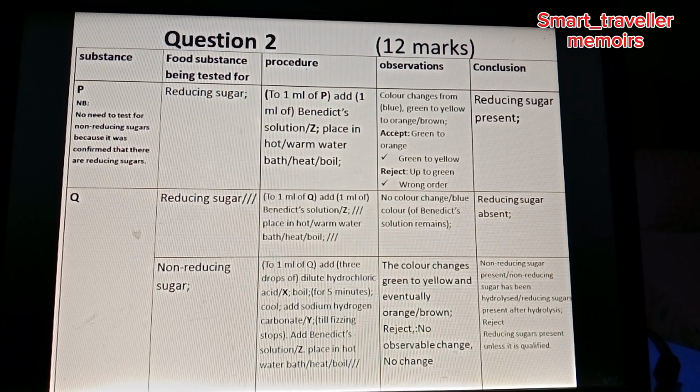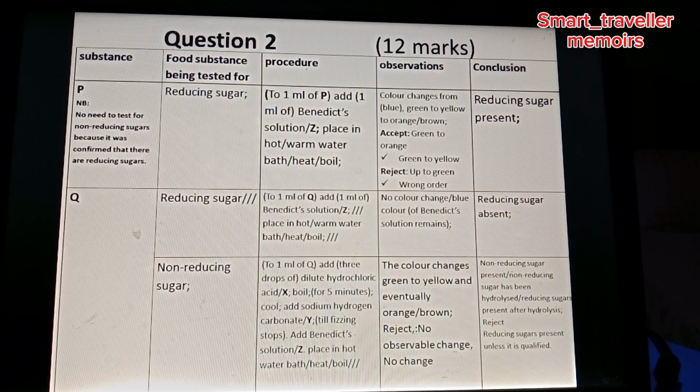The color changes green to yellow and eventually orange or brown. Reject, no observable change or no change. So conclusion is non-reducing sugar present, or non-reducing sugar has been hydrolyzed, or reducing sugars present after hydrolysis, but reject reducing sugars present unless it is qualified.